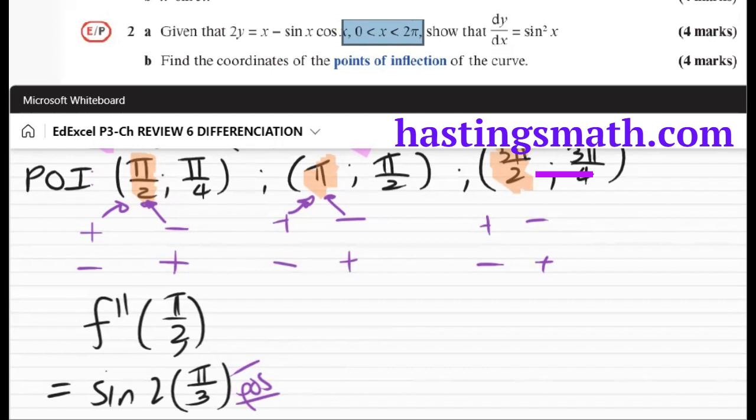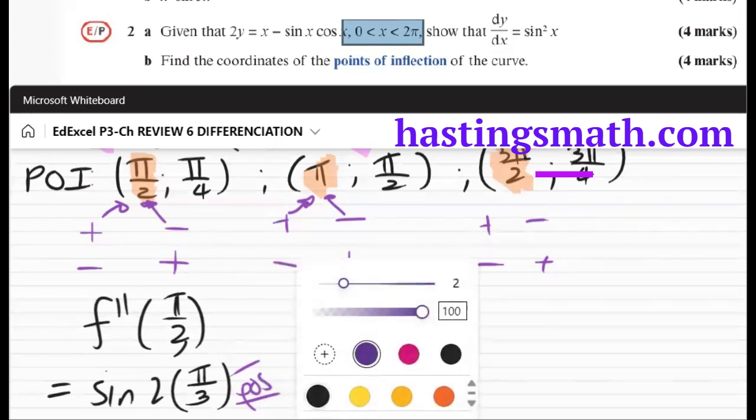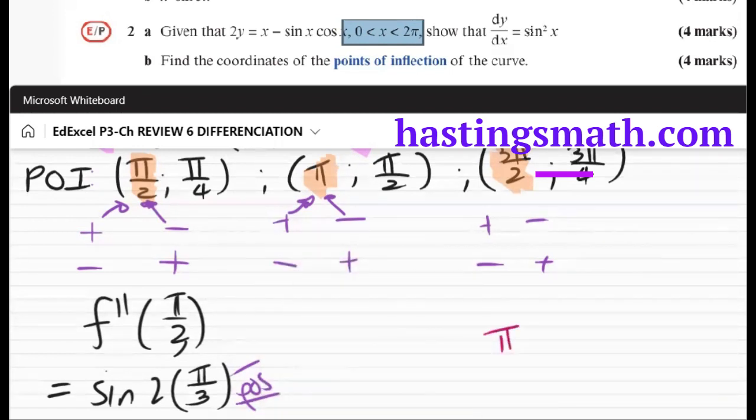Okay, that's positive. This was bigger than pi over 2. So this is on the one side of it. So if we had pi over 2 in the middle, this is pi over 2. Then pi over 3 is on this side. Then for the other side, they picked 3 pi over 4. So you sub that into sine 2x.